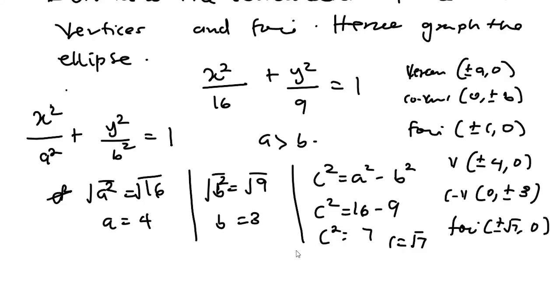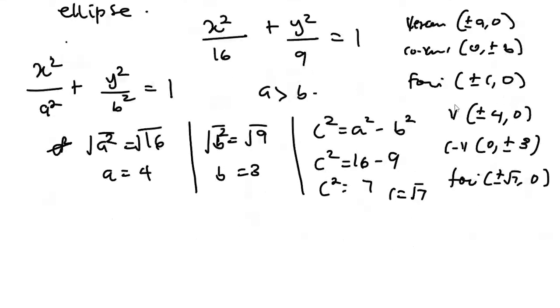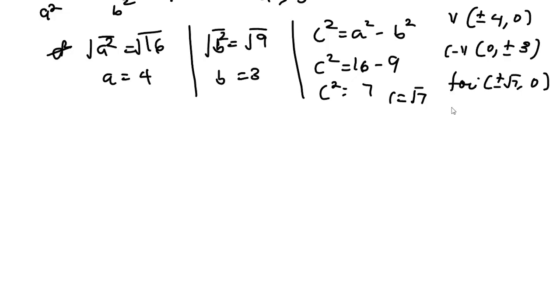And that is that. So to graph this with the help of this, when it's in this form, always remember that the center is at the origin. So we draw a Cartesian plane, and our center will be at the origin. Now with these coordinates, we can easily graph. The vertices are 4, 0 and negative 4, 0.